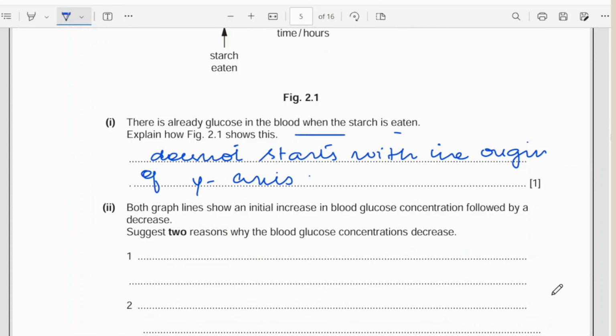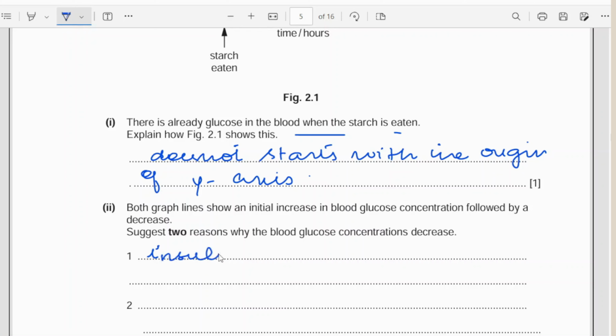Next one: both graph lines show an initial increase in the blood glucose concentration followed by a decrease. Suggest two reasons why the blood glucose concentration decreases. Okay, it is absorbed and is present in your blood. What causes the glucose concentration to decrease?